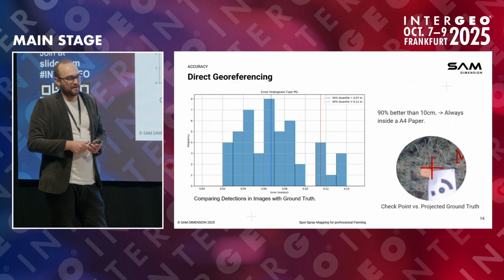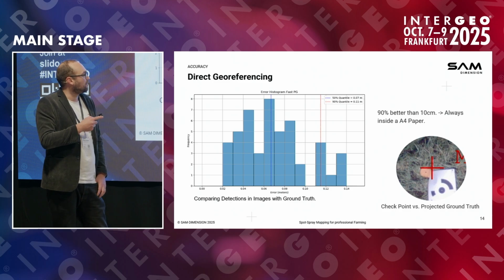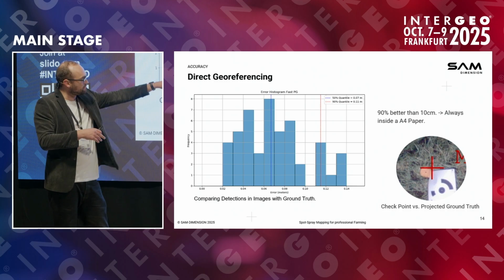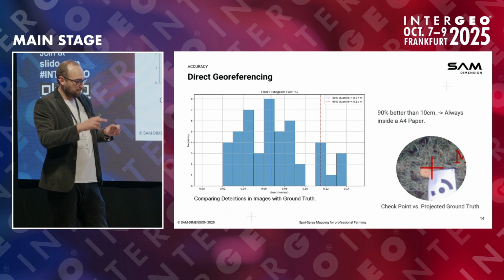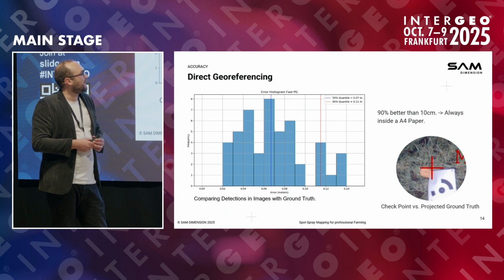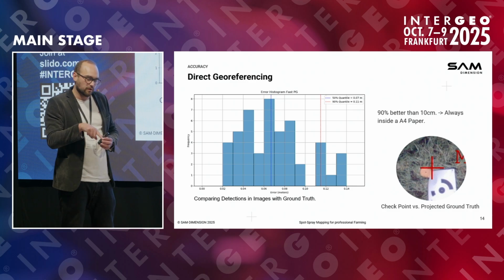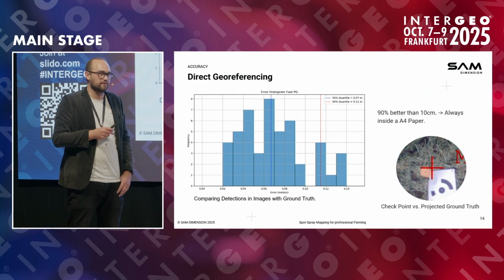We continuously do these experiments. 90% of our ground measured points, these red dots here, that we mark in the image and try to reproject in the real world to see how good we are, are better than 10 centimeters. So this is roughly our accuracy, how well we can determine a point on the ground with this system.